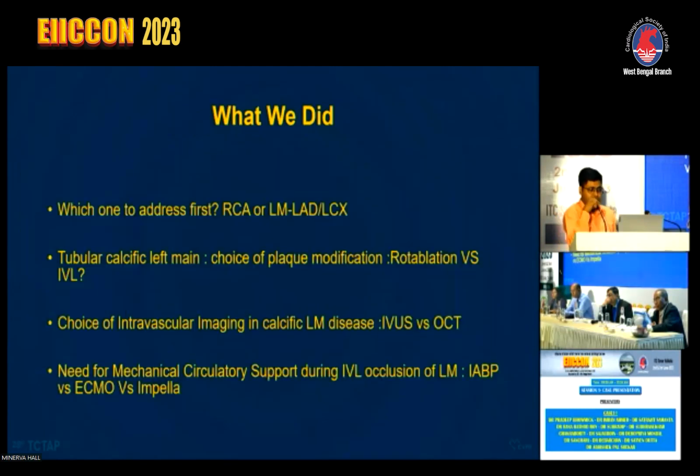So coming back to our questions, which one do we address first? As I have mentioned, we addressed RCA first because we wanted to stabilize the patient and provide good hemodynamic support so that we could intervene on the left main.